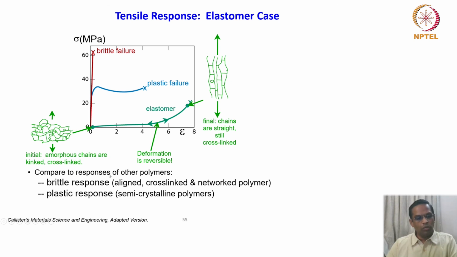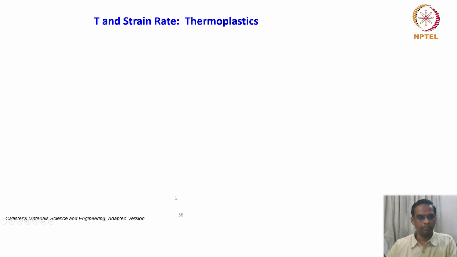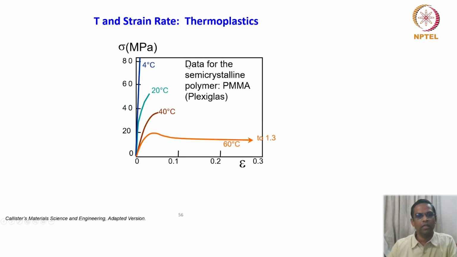Compared to other polymers, the aligned and cross-linked network polymers show brittle response, and plastic response is mostly from the semi-crystalline polymers. So what is the temperature and strain rate effect here?